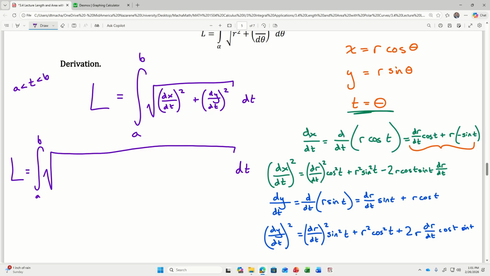And whenever I add dx dt squared to dy dt squared, the green plus the blue, do you see anything that's going to cancel or simplify? Yeah. This term in green is going to cancel with this term in blue when I add them together, because they are equal and opposite, so they're going to cancel each other out.